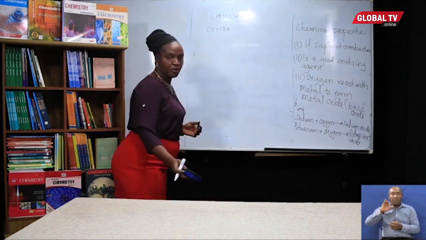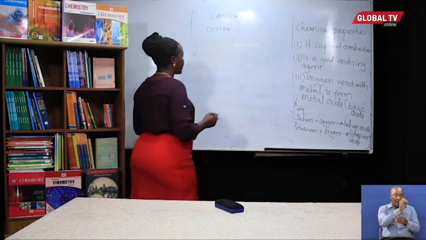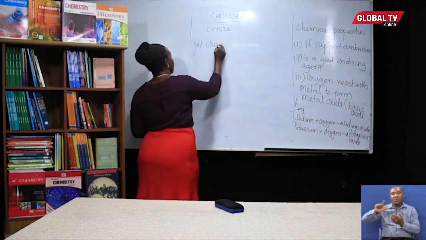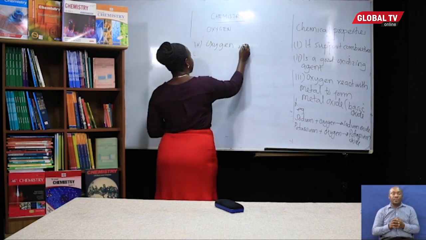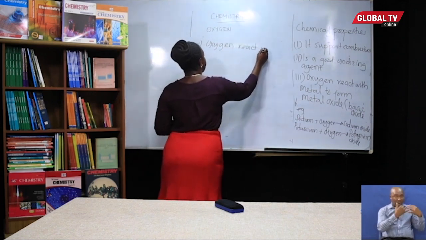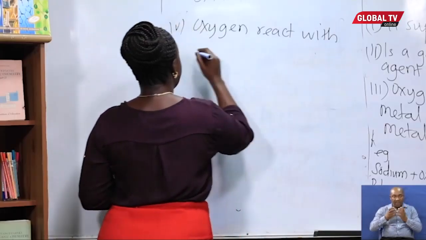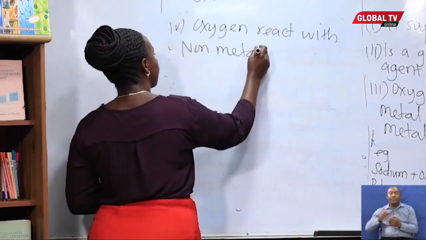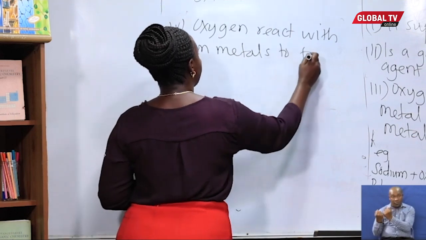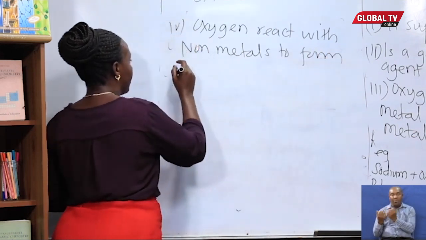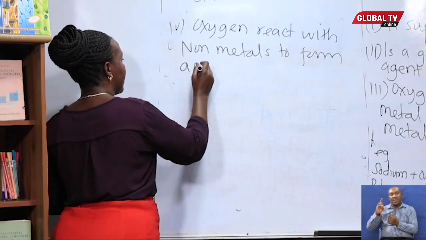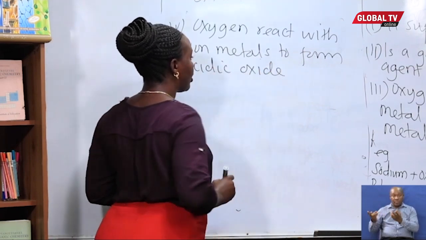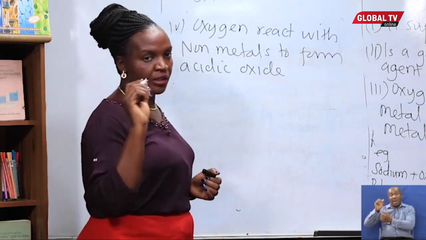So number 4, oxygen reacts with non-metals to form acidic oxide. They form acidic oxide or non-metallic oxide.